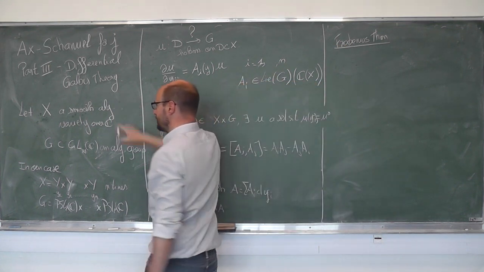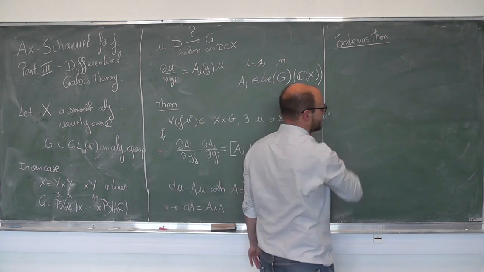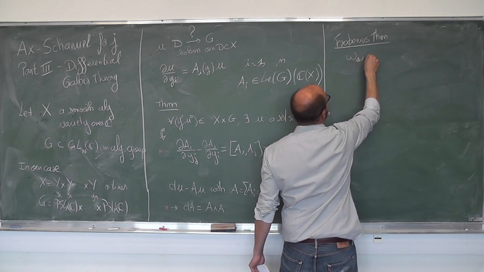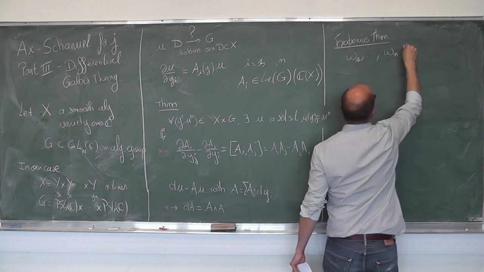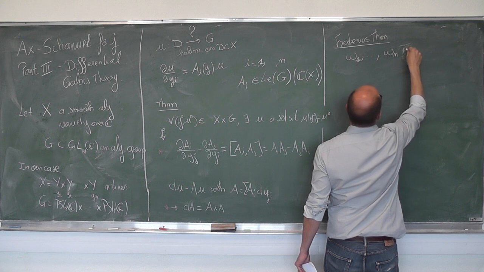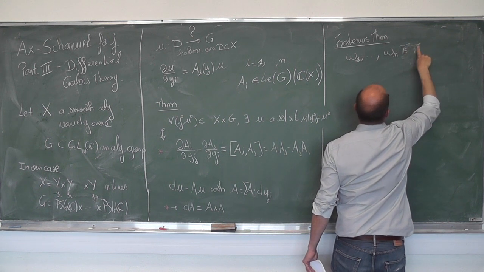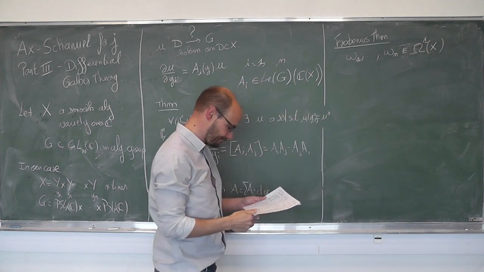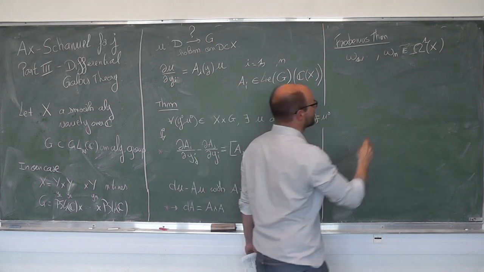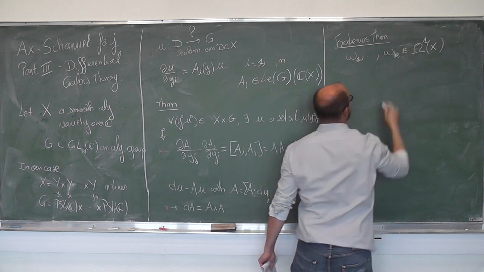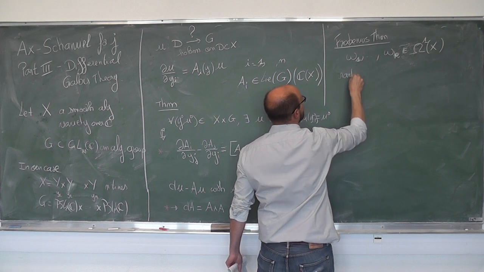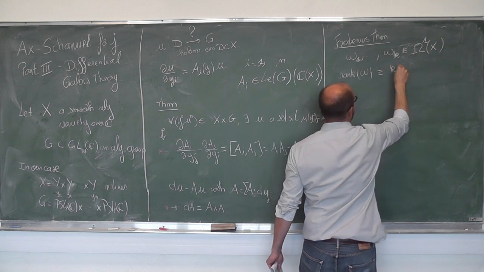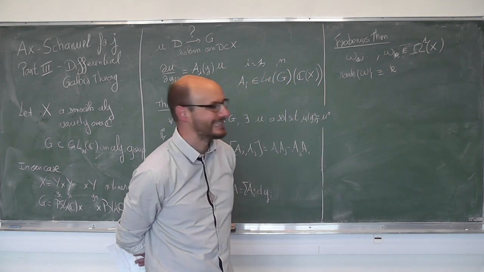Let X be a smooth algebraic variety; it can be analytic in this situation. What you're looking at are one-forms on X, and you take only k of them, and you assume the rank of these forms is constant equal to k. So they are linearly independent at any point.